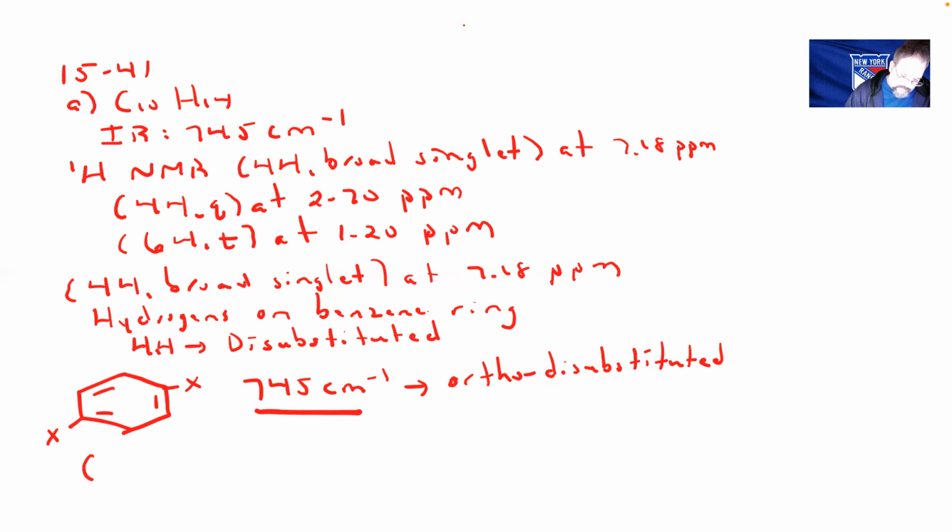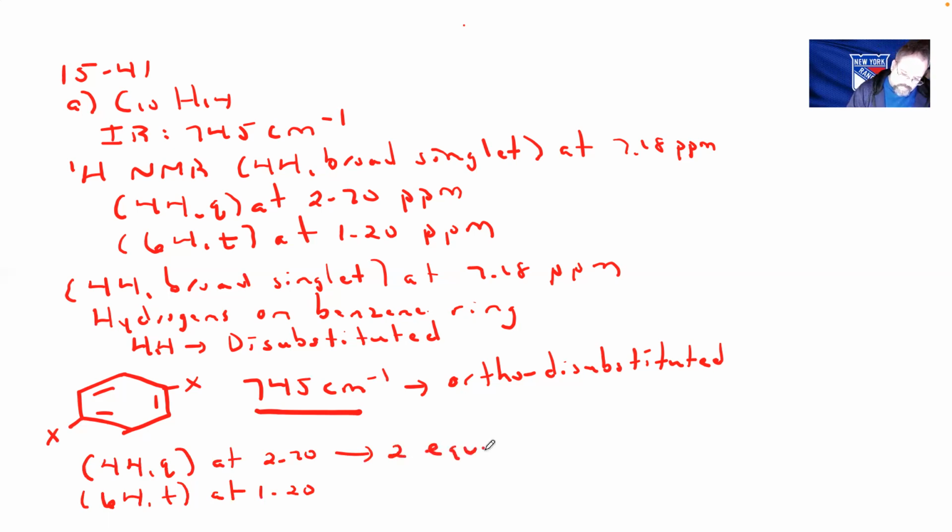So what do we have left? We've got a 4-hydrogen quartet at 2.70, and we've got a 6-hydrogen triplet at 1.20. So let's start with the 4 hydrogens first. In theory, there are 2 options: 4 equivalent CHs or 2 equivalent CH2s. Now we know, because we have only 10 carbons and 6 of them have already been used with the benzene ring, that it can't be 4 equivalent CHs.